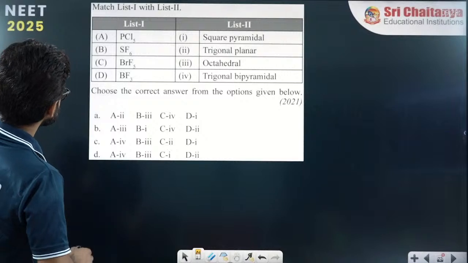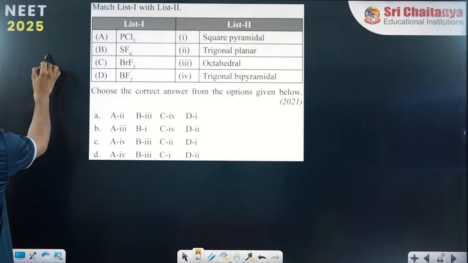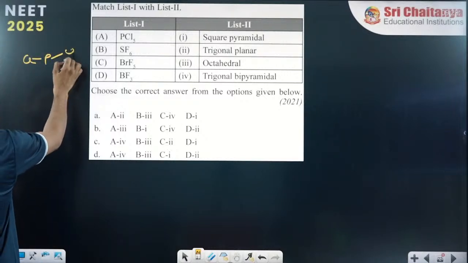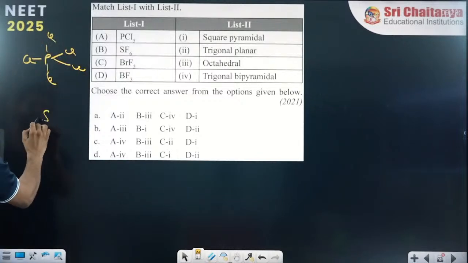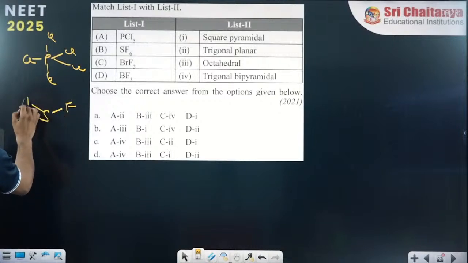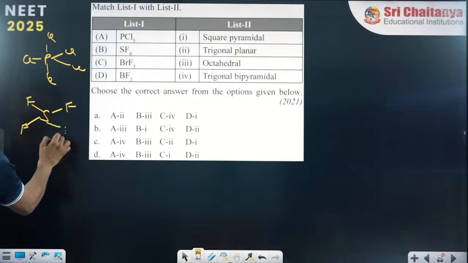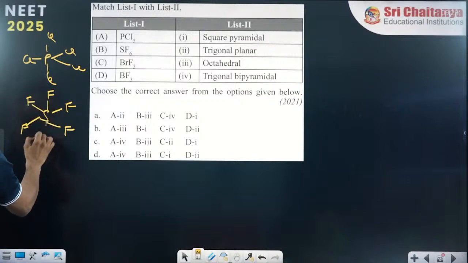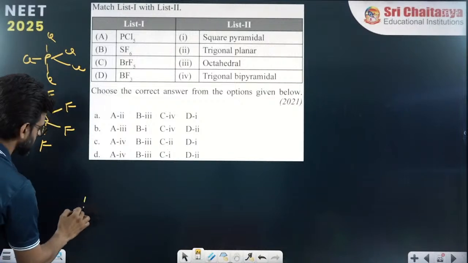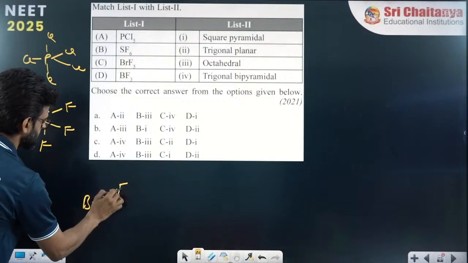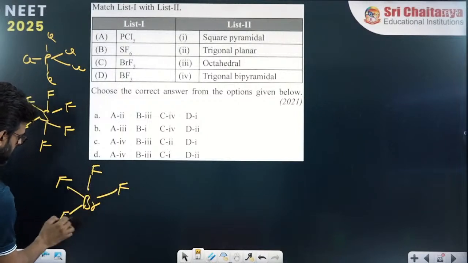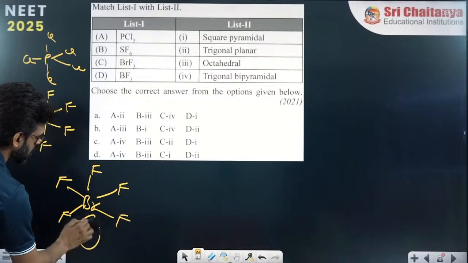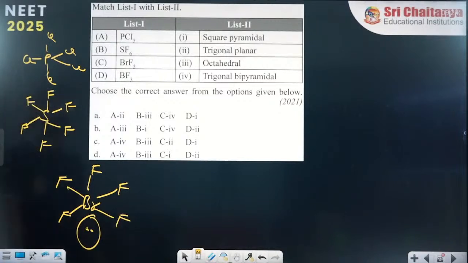Structure they are asking, definitely. PCl5 is trigonal bipyramidal, easy to find. SF6 is octahedral with 6 sigma bonds. BrF5 is square pyramidal with 5 bond pairs and 1 lone pair, right?